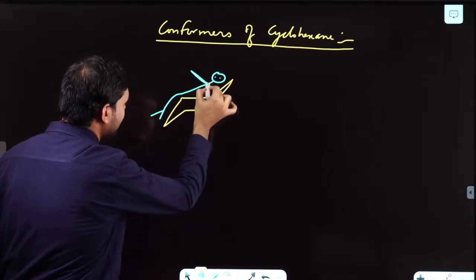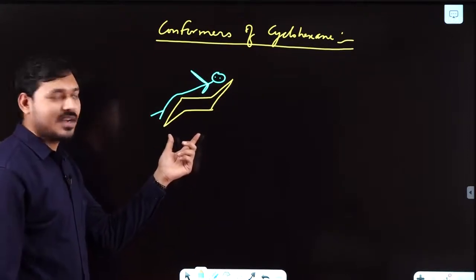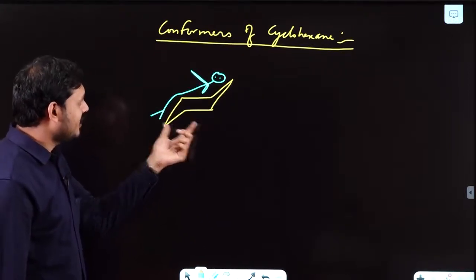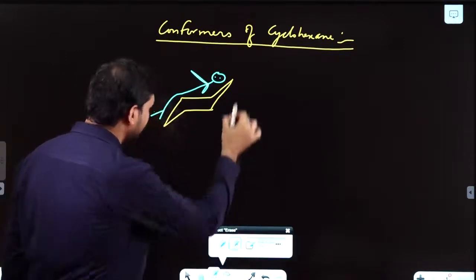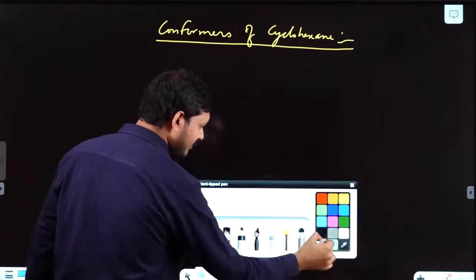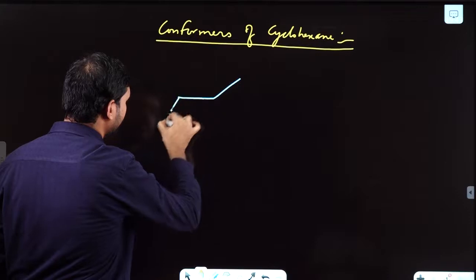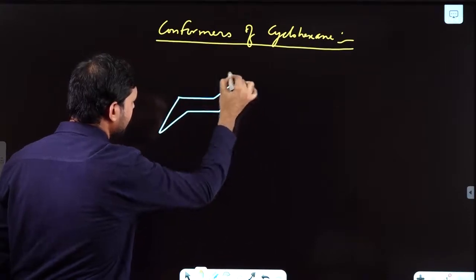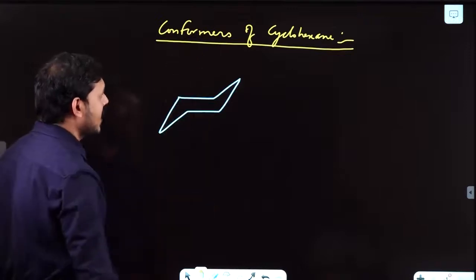If you imagine it, you can see that it is a chair conformation, right? So you can see here, this is the chair structure of cyclohexane.